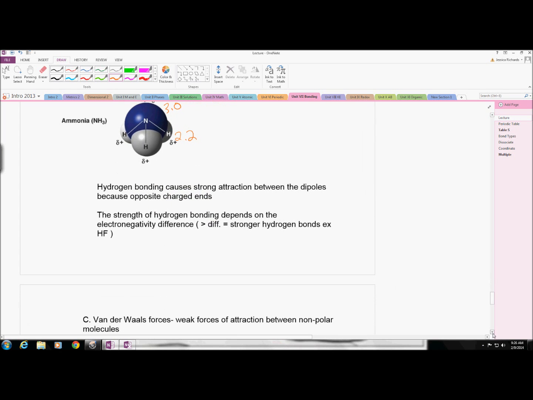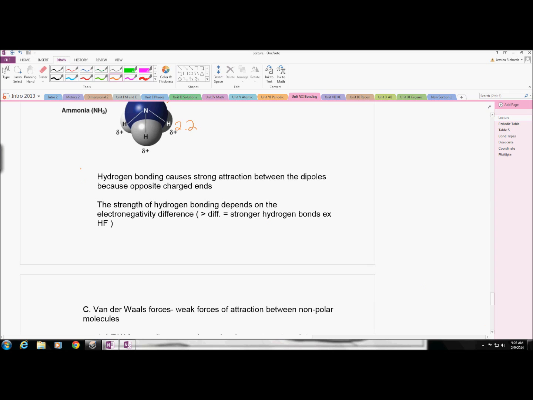The strongest hydrogen bonding then is going to be in molecules of hydrogen fluoride, because we remember fluorine has the highest electronegativity difference. One of the ways that you'll see this is in a test question. They like to use the halogens because they think you've memorized trends on the periodic table.